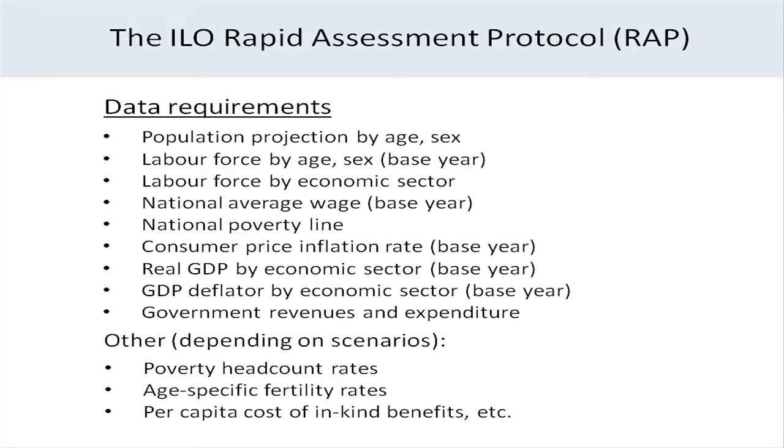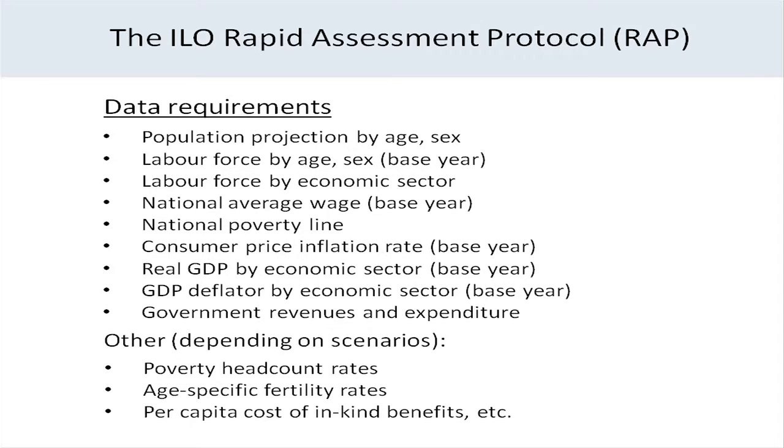So a few words about the data requirements. So this is mainly for the blue sheets. For the population, we need a projection. Then we have the labor force by age and by sex.